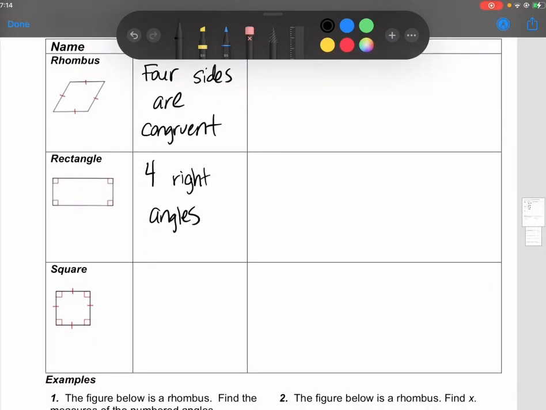While a square is actually a combination of a rhombus and rectangle. So it has four right angles and four congruent sides. Okay, so that is a rectangle and a rhombus.